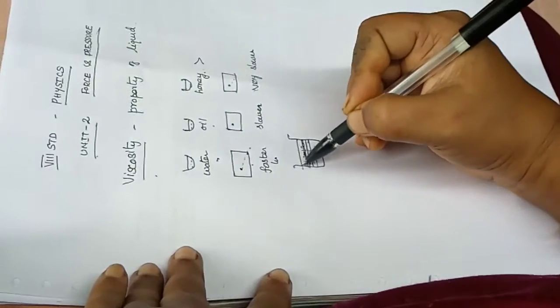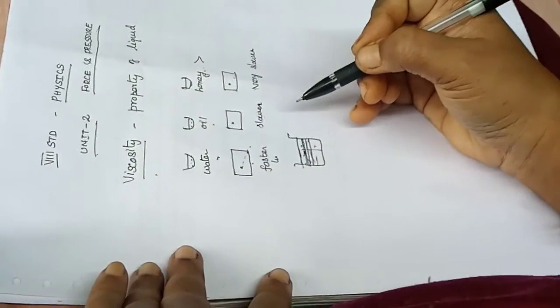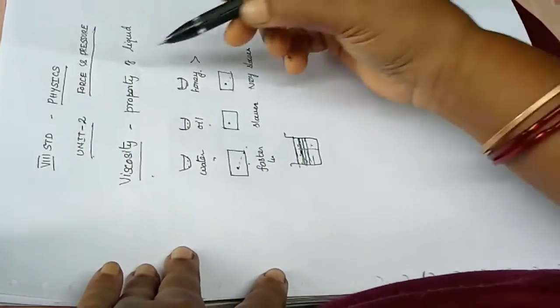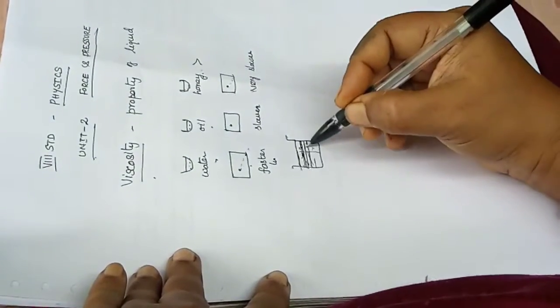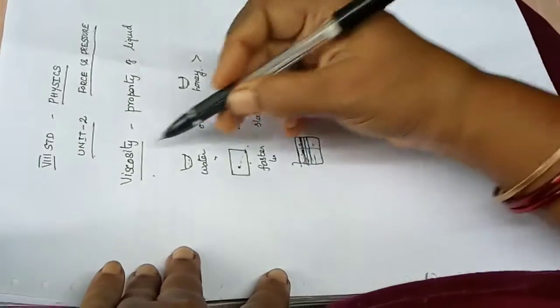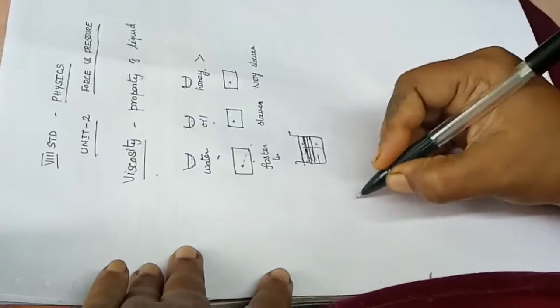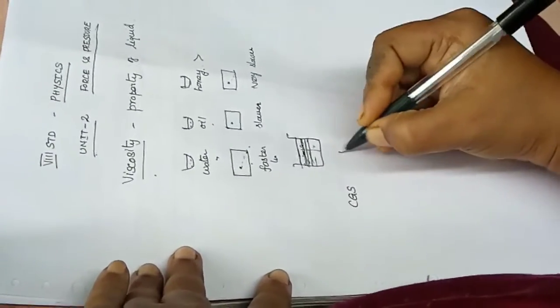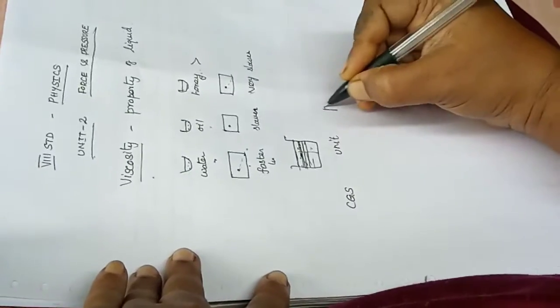Surface tension acts only on the surface, but viscosity acts on all the layers of the liquid. That is viscosity. In the CGS system, the unit for viscosity is poise.